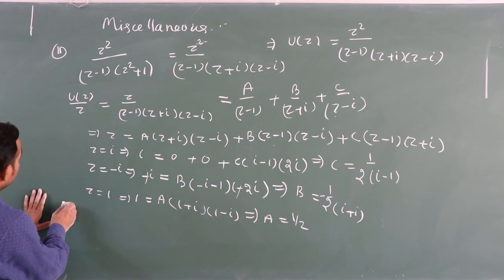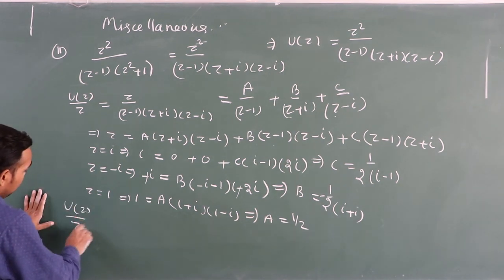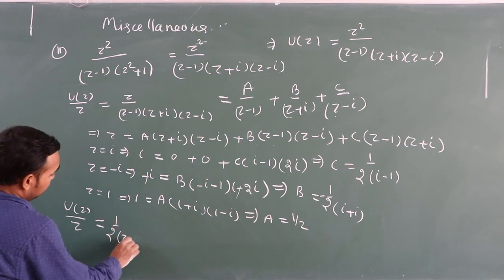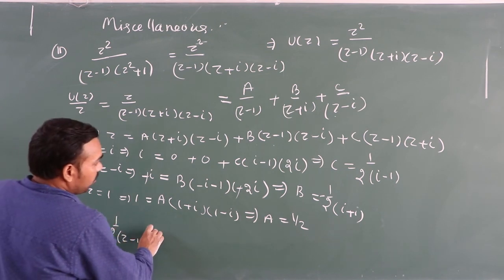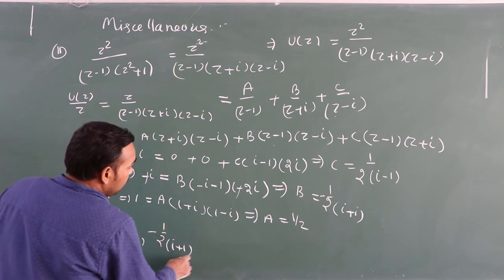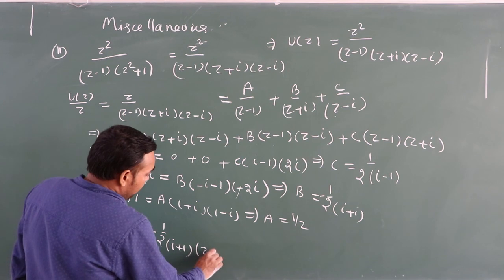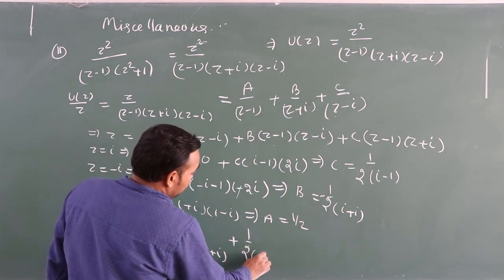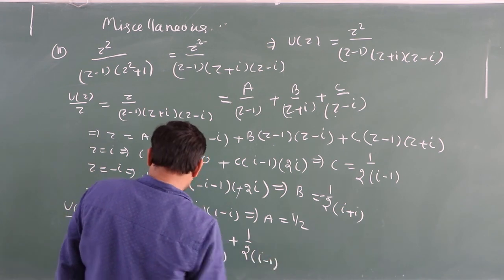This implies U(z) upon z equals A, 1 upon 2 times 1 upon (z minus 1), plus B equal to minus 1 upon 2(i plus 1) times 1 upon (z plus i), plus C equal to 1 upon 2(i minus 1).